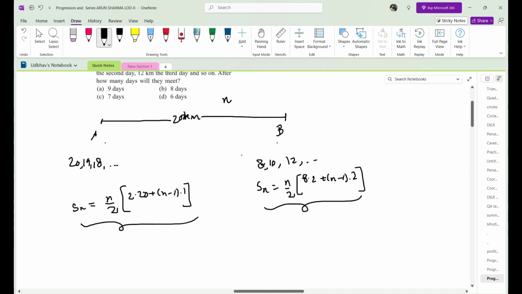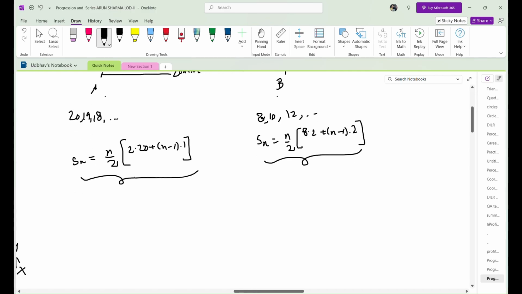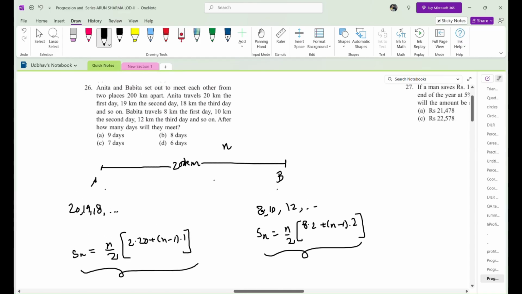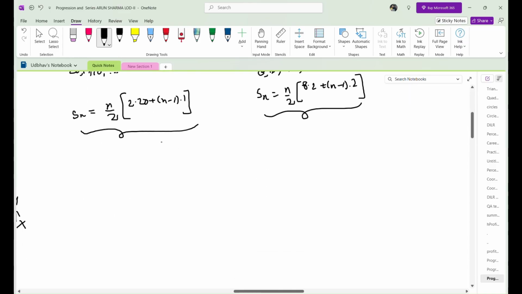So we can just say that the distance traveled by Anita plus the distance traveled by Babita will be equal to 200 kilometers after n days. Let's denote them as Sna and Snb. So after n days, Sna plus Snb equals 200. We can just plug in the values.